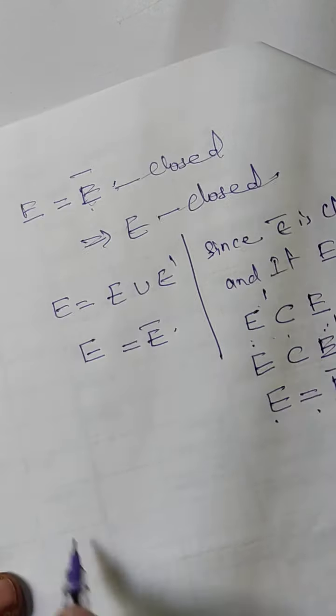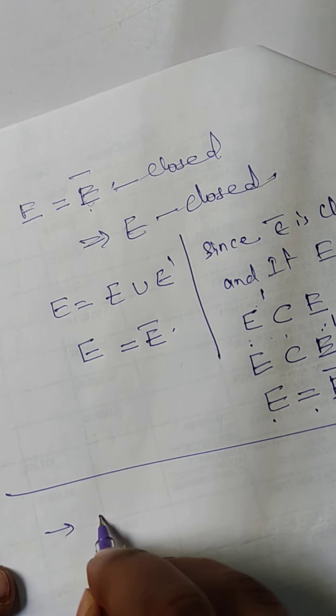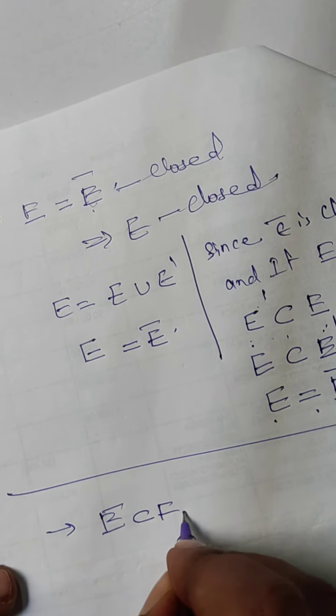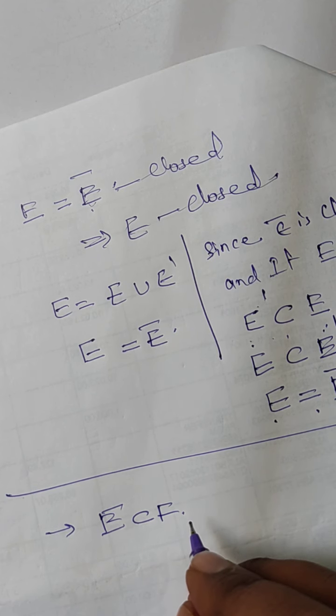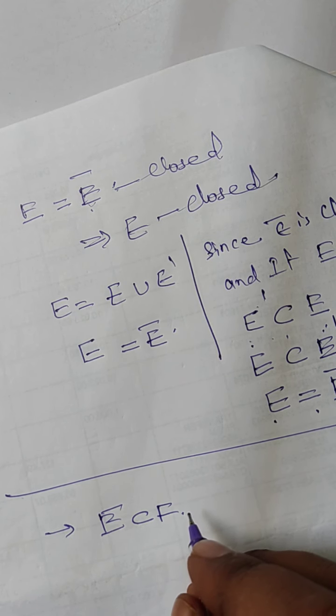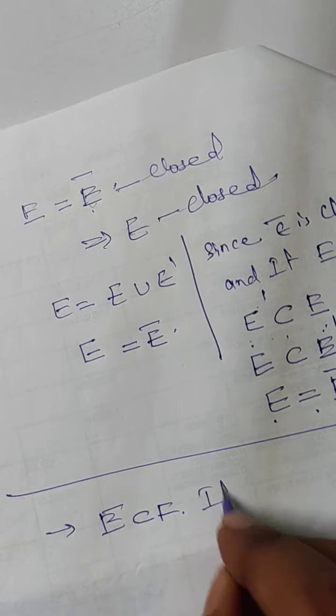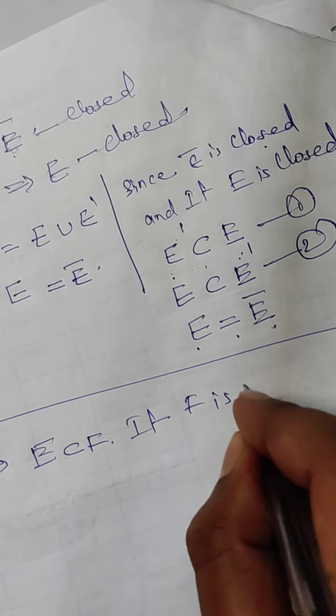Now the next concept is that E closure is a subset of F, if F is closed.